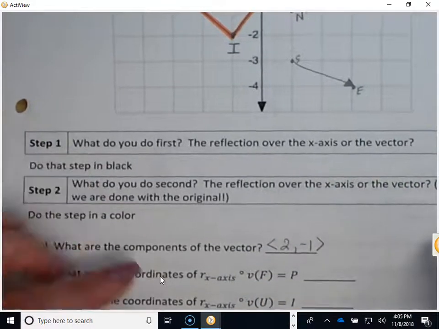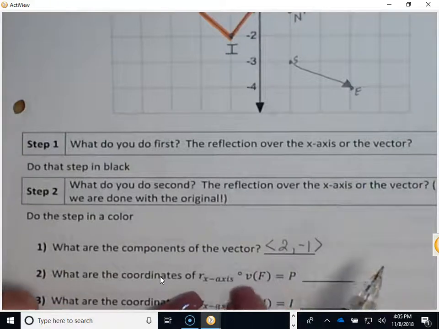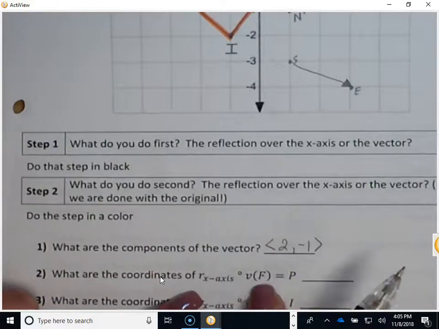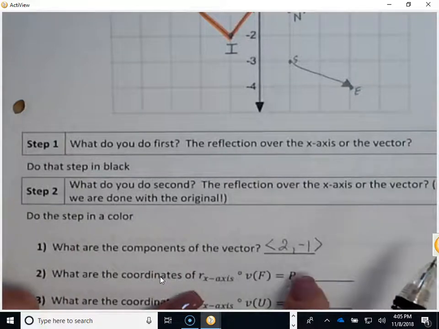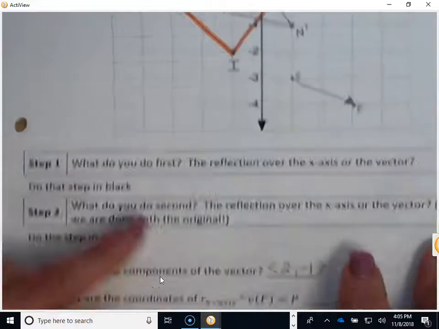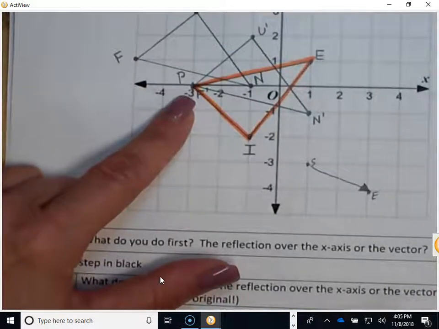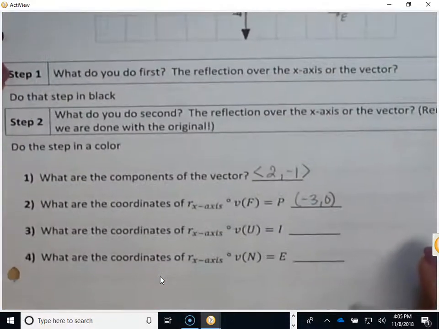What are the coordinates of P once we did our translation of F and then our reflection across the x-axis and it became P? They want to know the coordinates of P now. So P, the coordinates are -3, 0. So write that down.